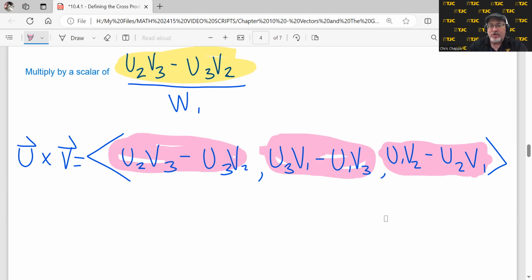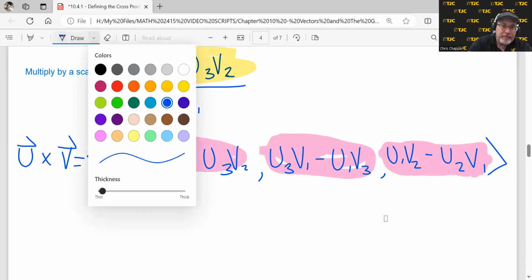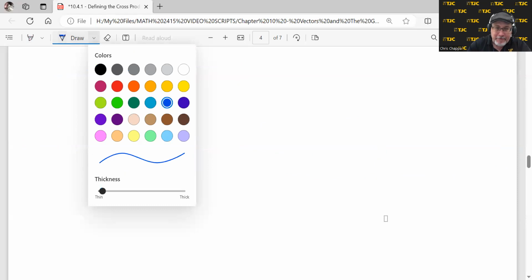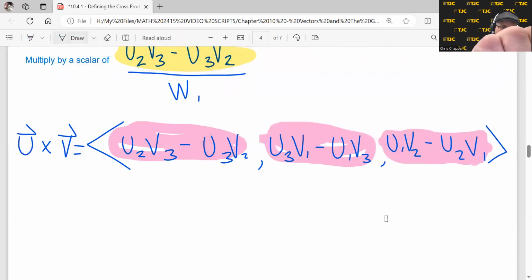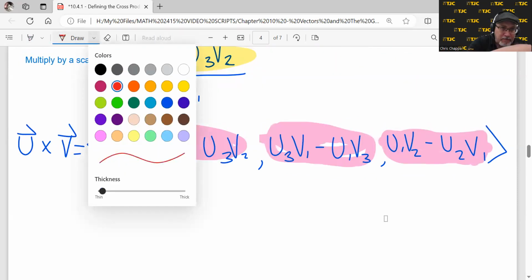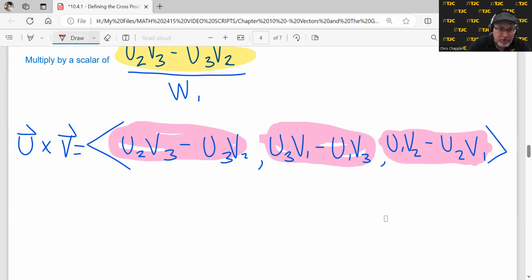Is there anything else you can notice? Well, yeah. The first component starts with a subscript of 2. The second component starts with a subscript of 3. And the third component starts with a subscript of 1. Specifically U2, U3, and U1.